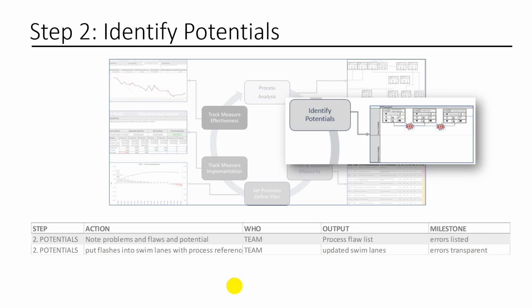Second, take the little Kaizen flash that is issued with the flaw identified and that carries also an identification number and put it into the respective spot where it belongs to in the swim lanes. This is basically it. How that actually works, we will see in a second in the tool itself.